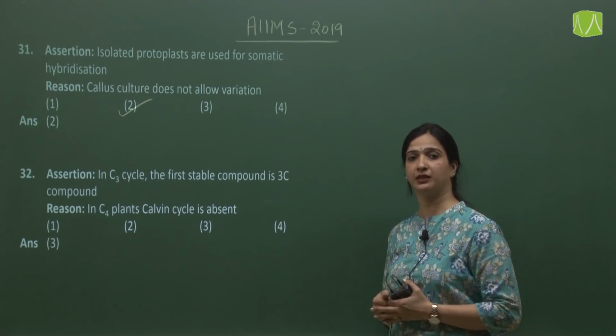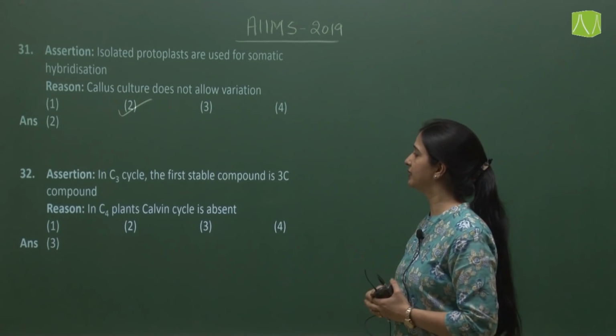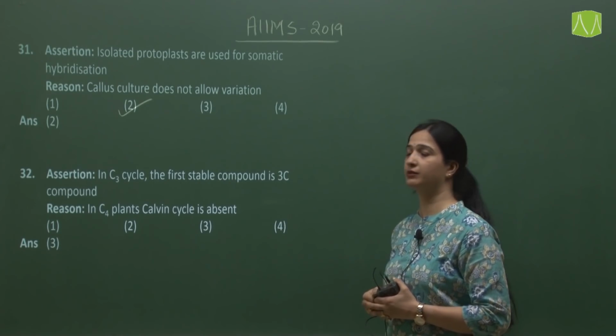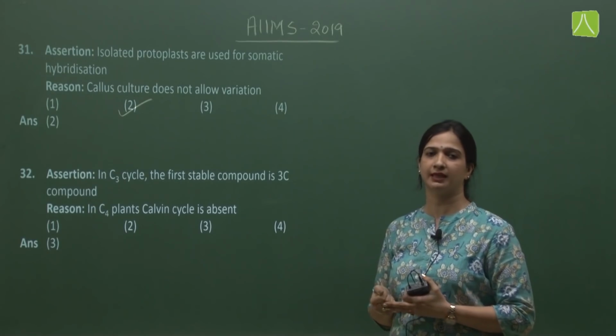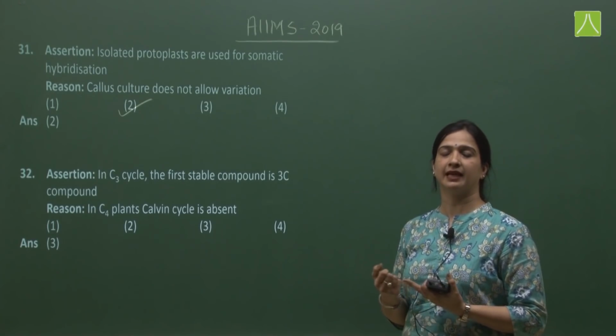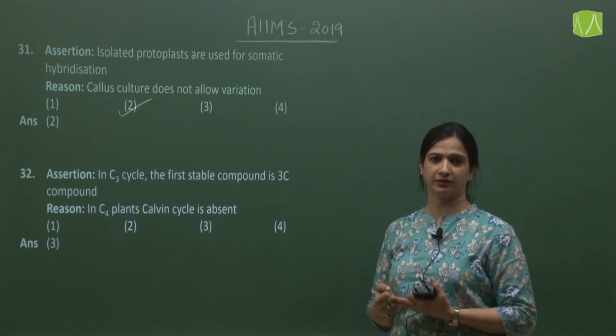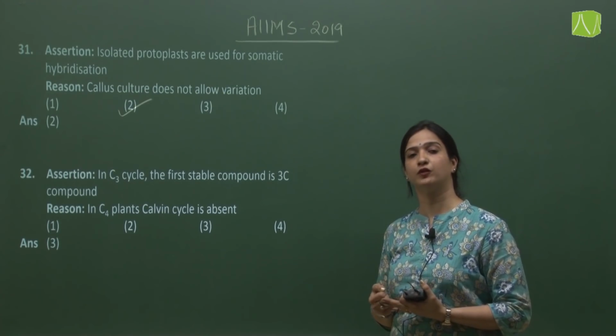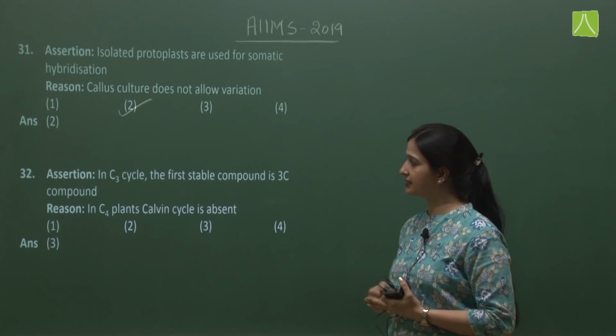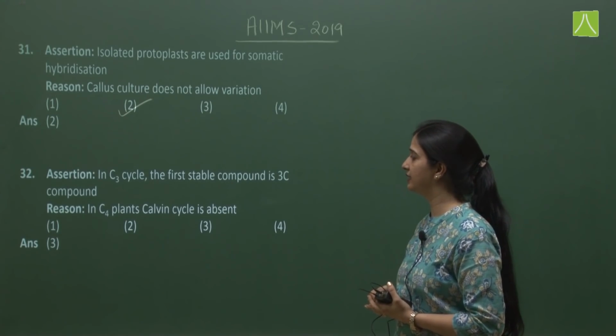Now let us see question number 32. In the C3 cycle, the first stable compound is a 3-carbon compound. That is true. That is why we call it the C3 cycle or the Calvin cycle, because here the first stable product formed is 3-phosphoglyceric acid, or we can also call it 3-phosphoglycerate. Look at the reason: in C4 plants, Calvin cycle is absent.